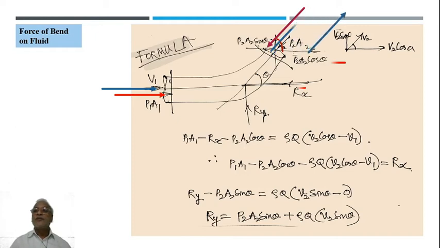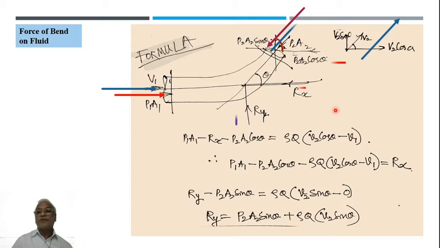If you take that velocity and resolve it into components, I have put it parallel to the original direction. So this is V2, with the same angle, so the angle is not differing. So this component is V2 cos theta, this is V2 sin theta.